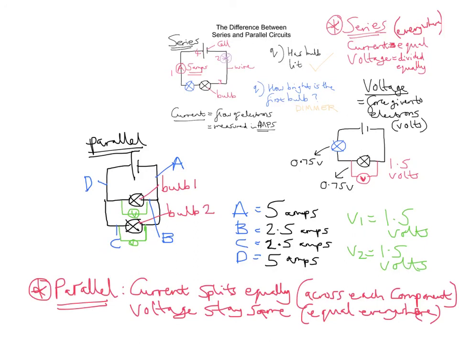They are the key differences between a series and a parallel circuit. In a series, current is equal everywhere that you were to put an ammeter, voltage divided equally across all the components. In a parallel circuit, it's the voltage that is equal everywhere and stays the same across components, and it's the current that splits equally across each loop. Okay, hope all that helps.